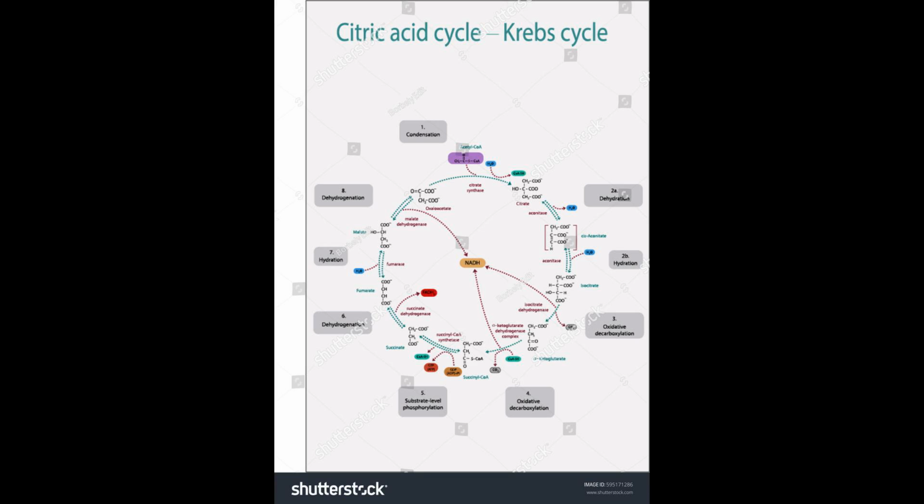Lastly, beta-hydroxyacyl-CoA is oxidized to beta-ketoacyl-CoA while NAD+ is reduced to NADH, which follows the same process as the oxidation of malate to oxaloacetate.